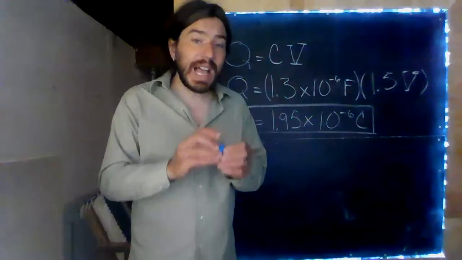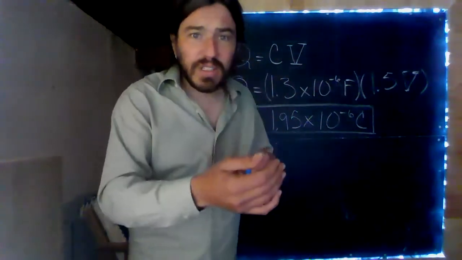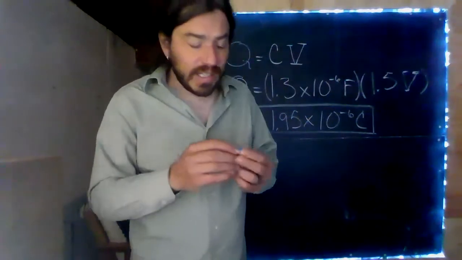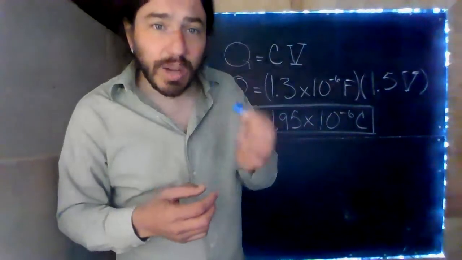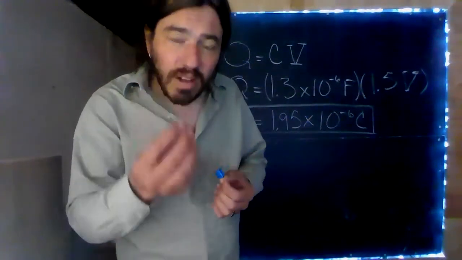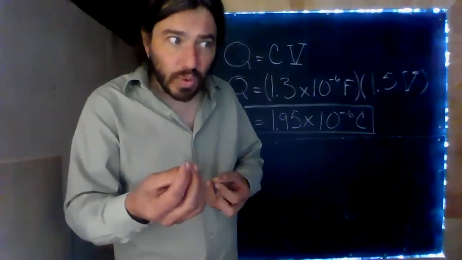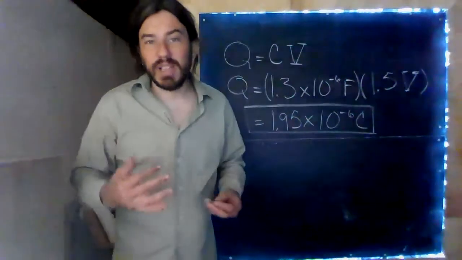It doesn't matter. The capacitance is still the same. Uncharged, charged, connected to a battery, not connected to a battery, it doesn't matter. The capacitance is defined by the geometry of the metal plates and whatever else is in here. It's not defined by the circuit I hook it up into, or whatever elements I hook it up with.